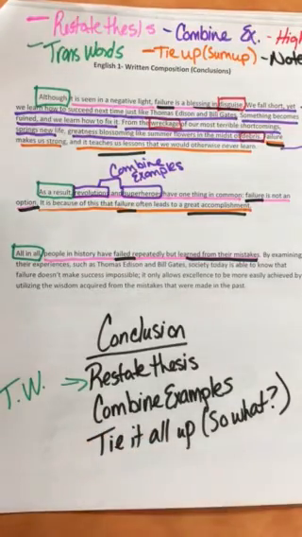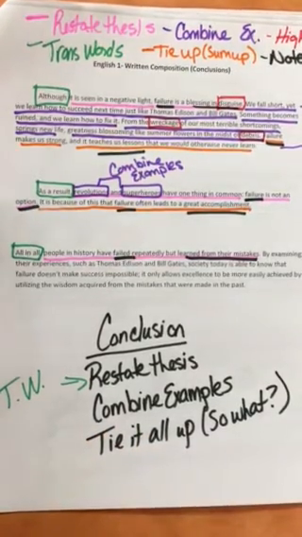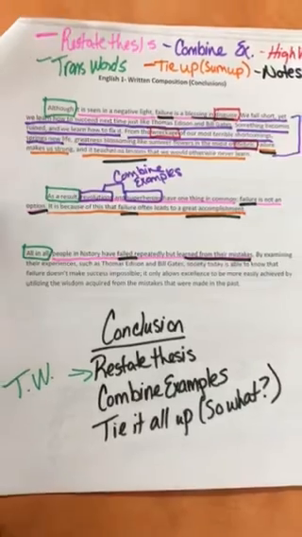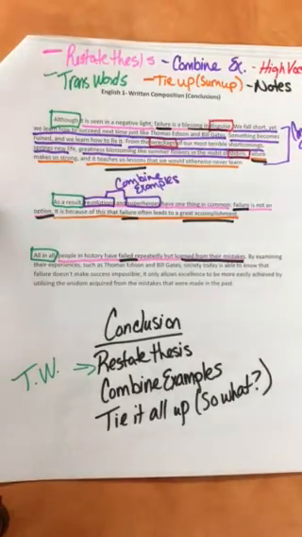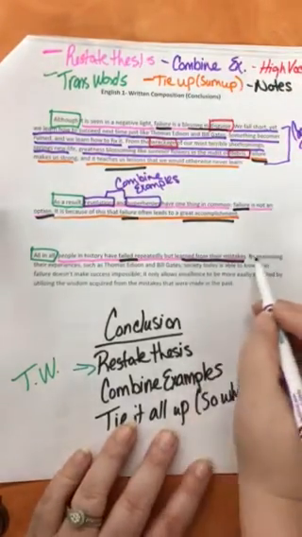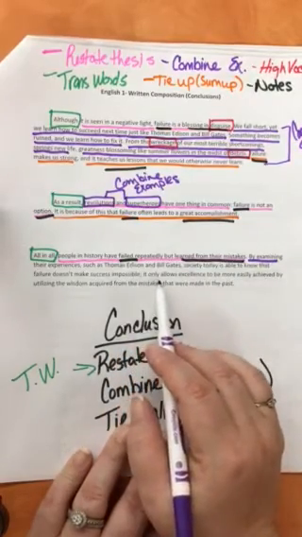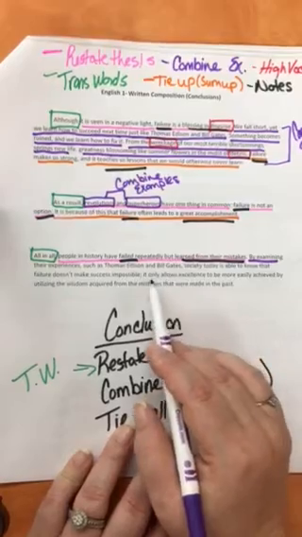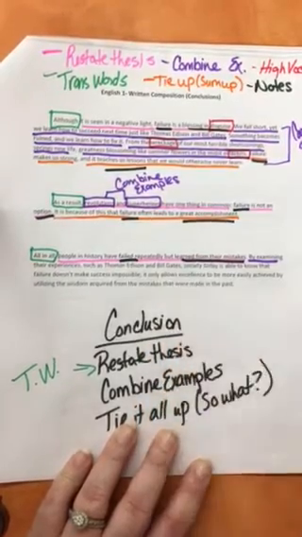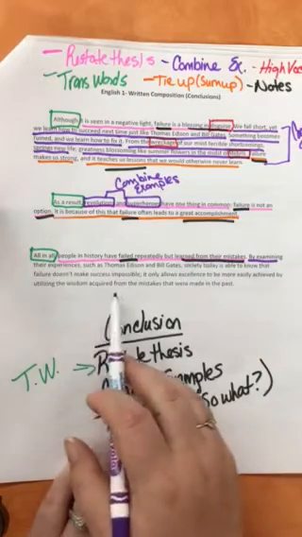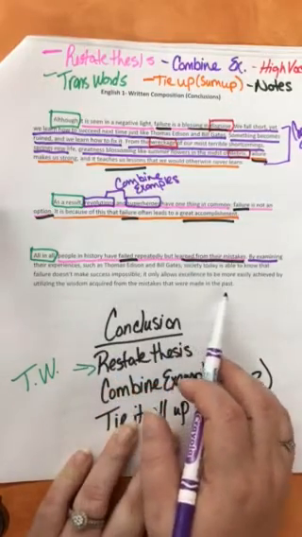By examining their failures, such as Thomas Edison and Bill Gates, society today is able to know that failure doesn't make success impossible. It only allows excellence to be more easily achieved by utilizing the wisdom acquired from the mistakes that were made in the past.